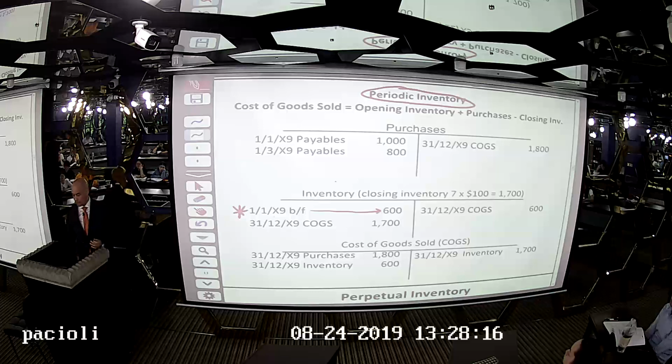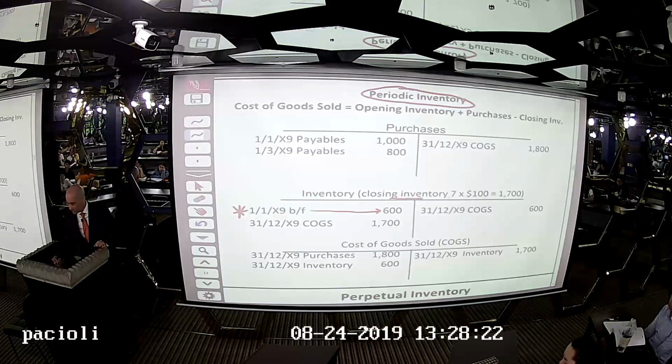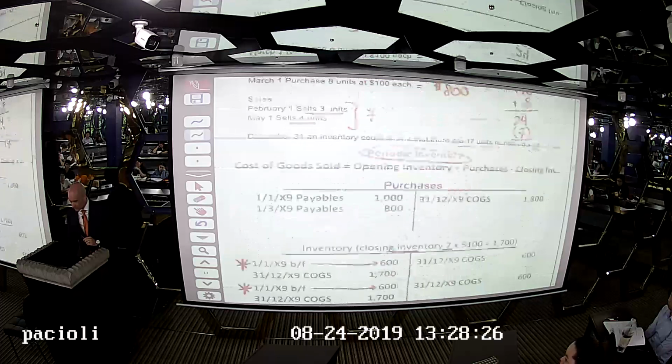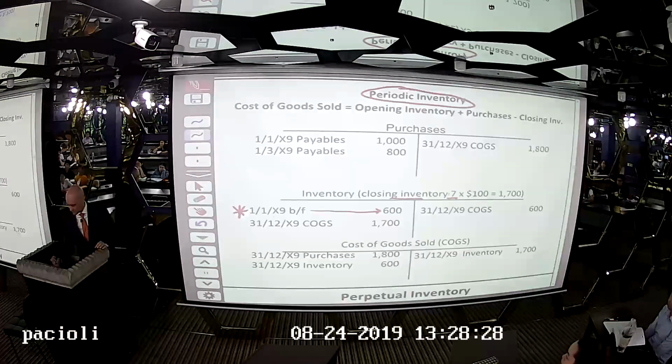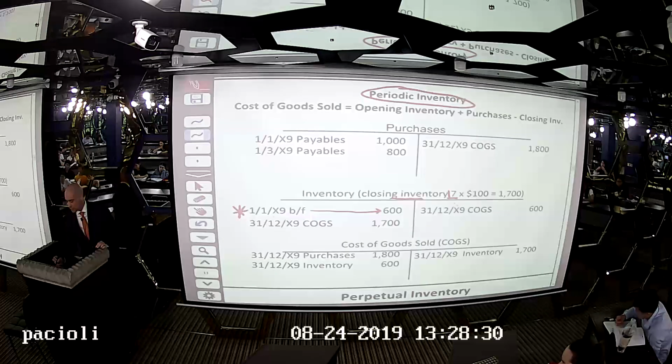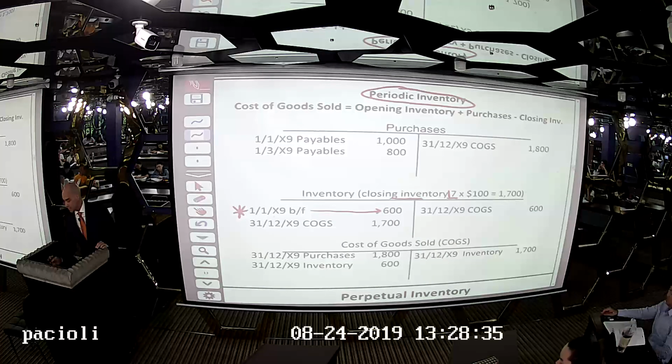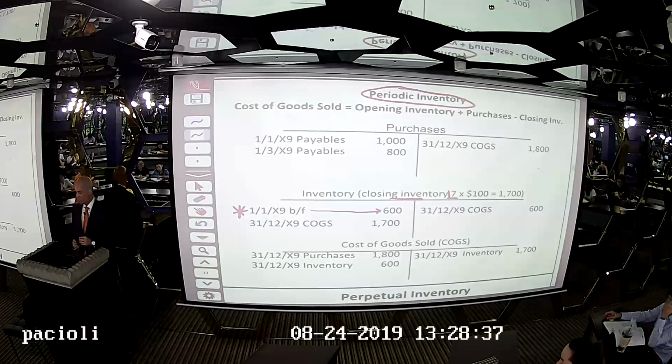And the closing inventory, the ending inventory, it says here, closing inventory, 7. I think that's a mistake. Should be 17. Closing inventory, 17 times 100 is 1,700. That's the closing inventory.